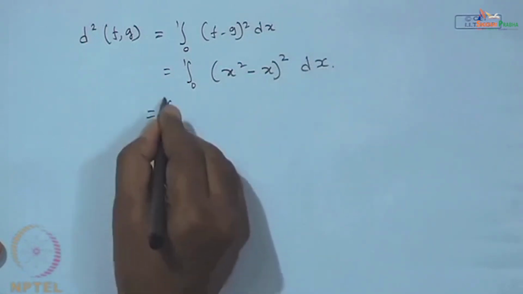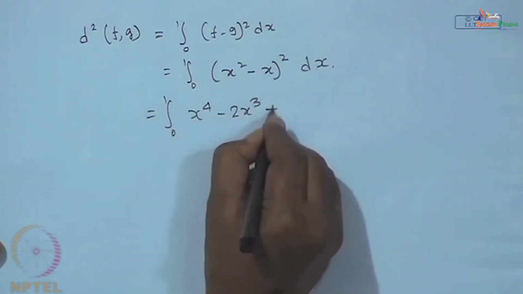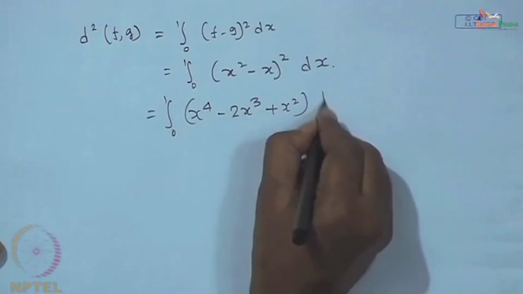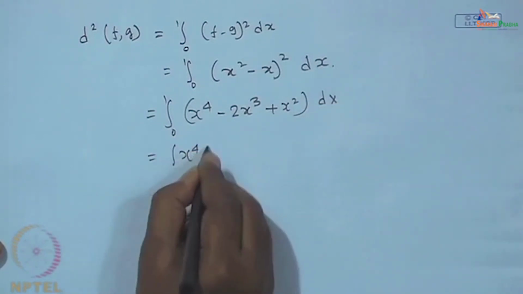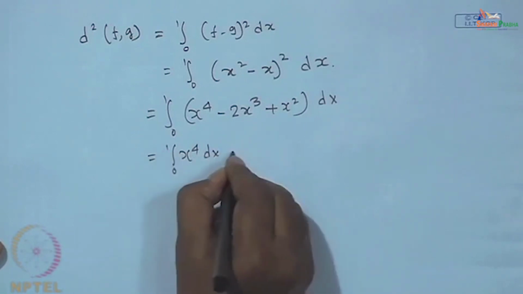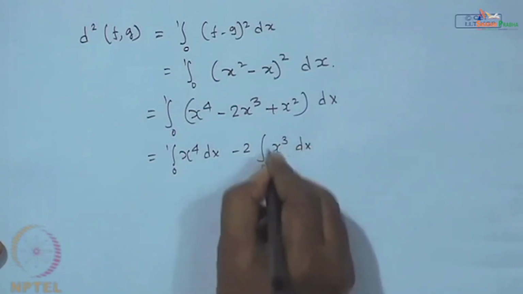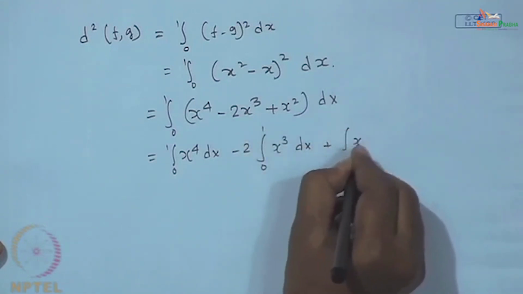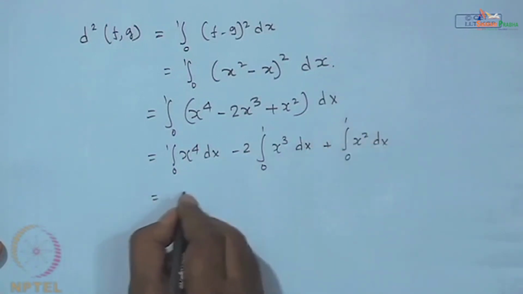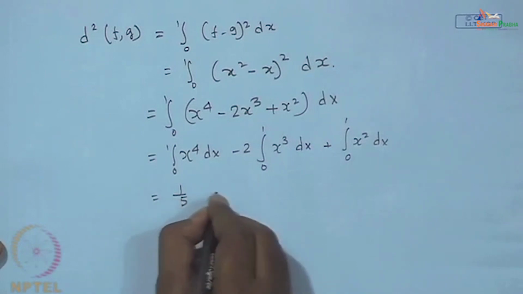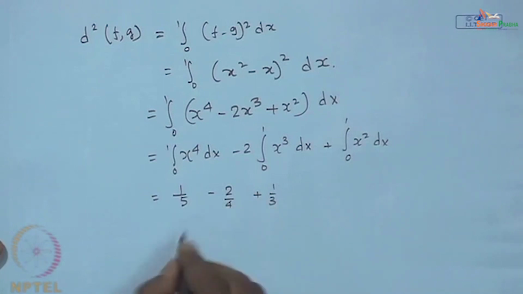Just open up this square, it will be x to the power 4 minus 2x cube plus x square dx, and we carry out this integration: x to the power 4 dx minus 2 x cube dx plus x square dx. So, this becomes 1 over 5 minus 2 over 4 plus 1 upon 3.